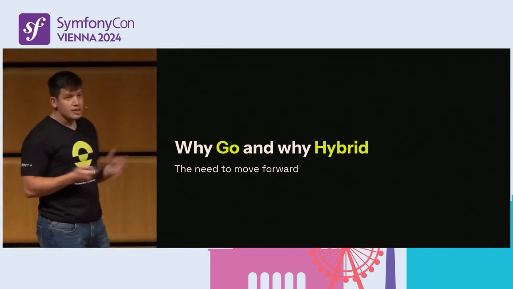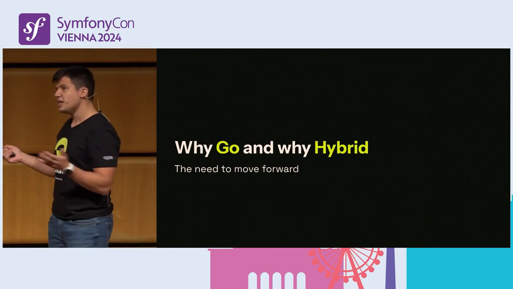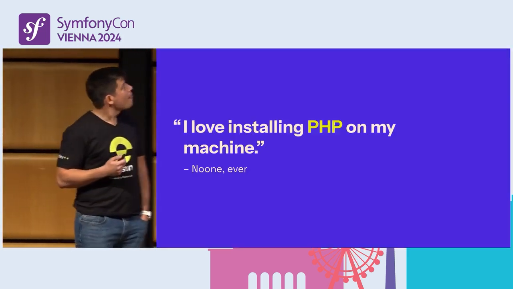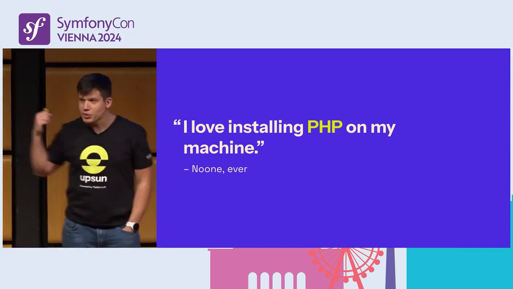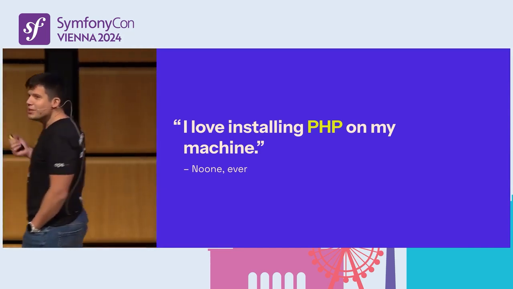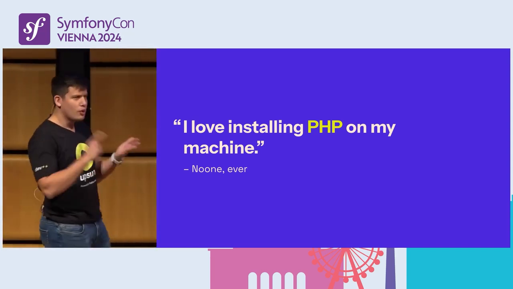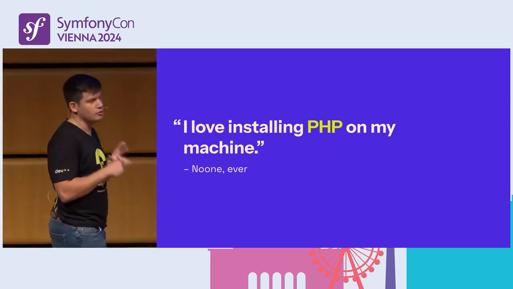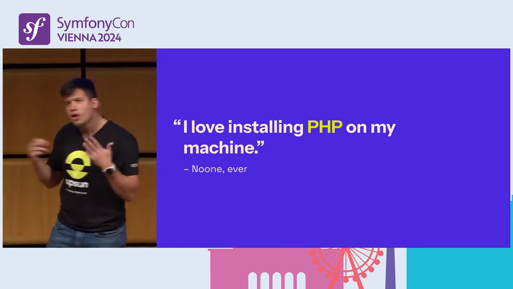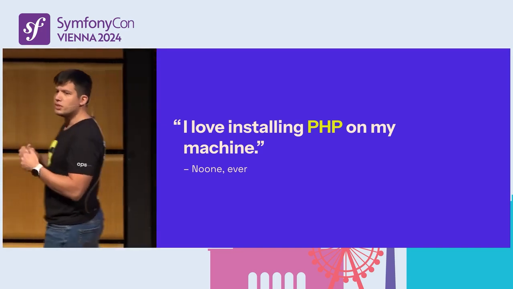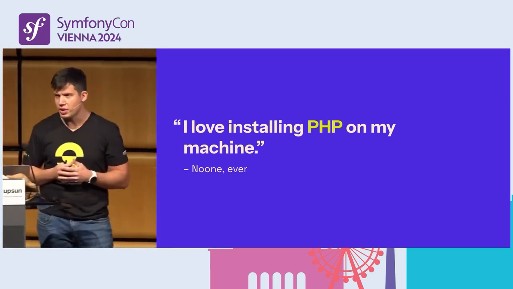We had this big question. When we sat down with the CLI and said, now we need a new CLI, nobody wants to go and install PHP. It's not about PHP only. Nobody wants to go and install Go. Nobody wants to go and install Python. Nobody wants to install a language just to use a tool to interface with a platform or an API.